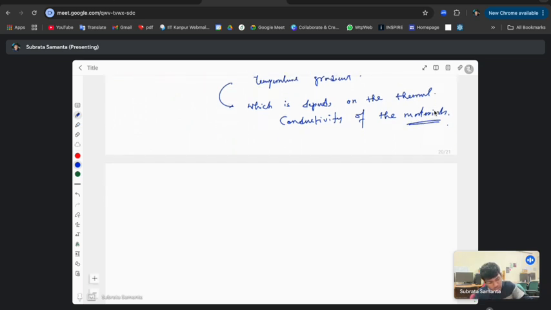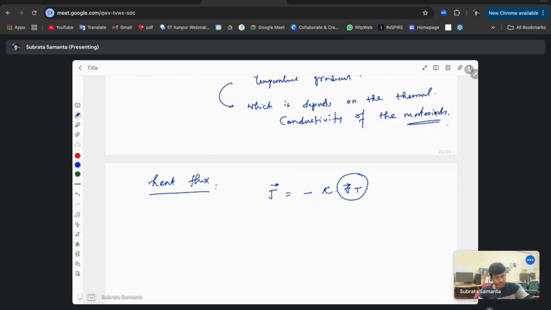In 3D, the heat flux J vector is minus kappa times the gradient of temperature. The temperature gradient is a vector quantity, and the left side is also a vector quantity.